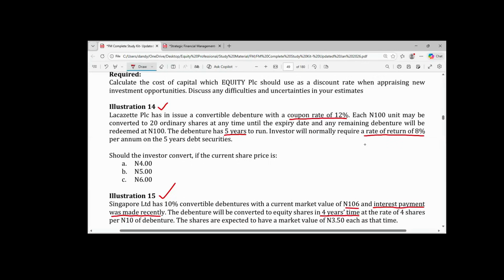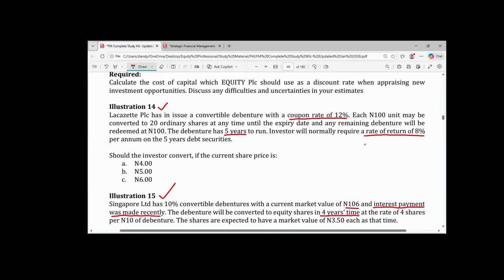You know, in some of our calculations so far, examiner usually give us the quoted market price. So that quoted market price is what you are going to calculate yourself because it's not given in this question. So you must determine the current market value of the debenture if the debenture holders may decide to redeem it. You keep it on one side.